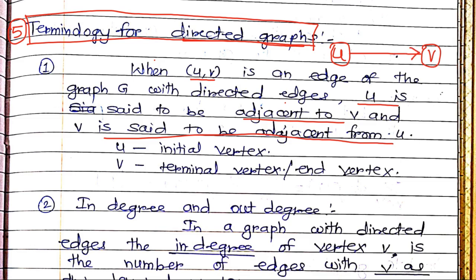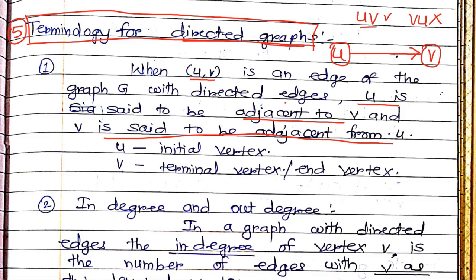In this case u is adjacent to v and v is adjacent from u. Both are neighbors and the direction is uv, and remember that this edge we can represent with the sequence uv.